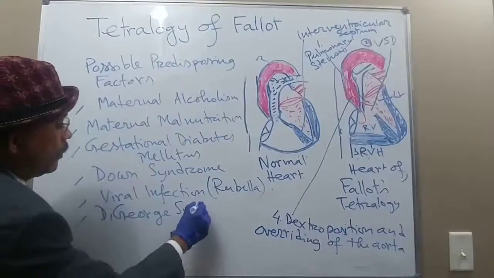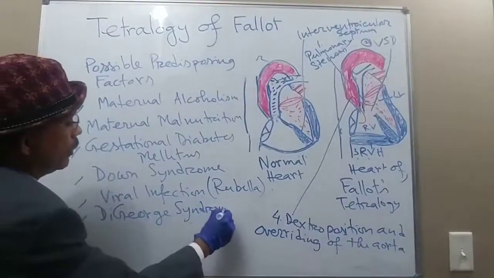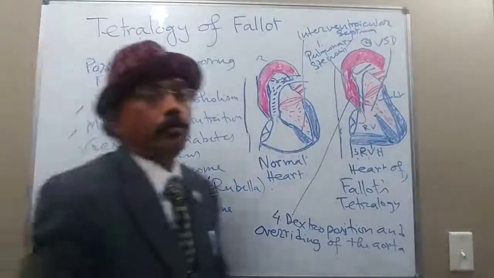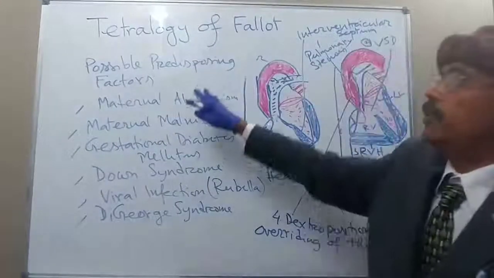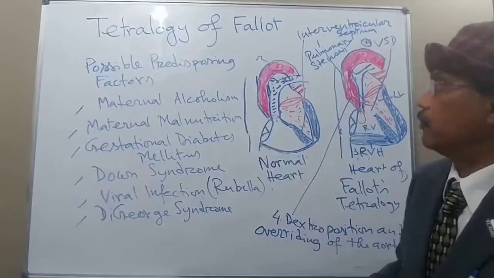We know that DiGeorge syndrome involves lack of thymus and problems in the third and fourth pharyngeal arches. So these may be the possible predisposing factors.